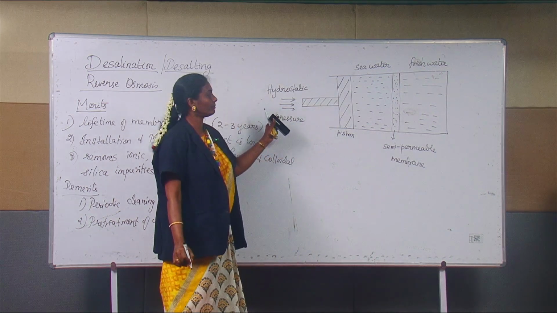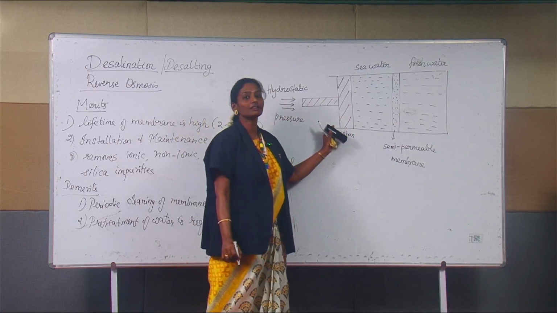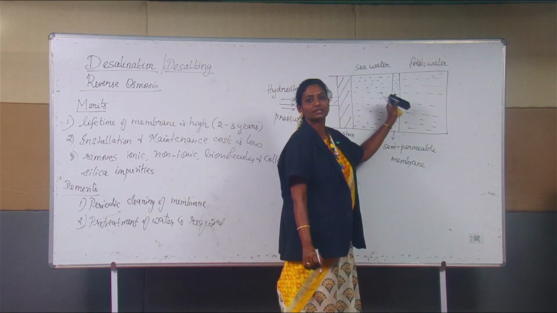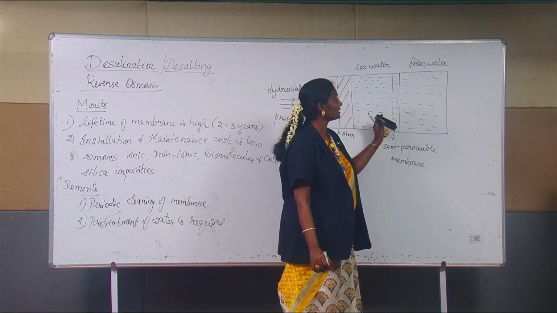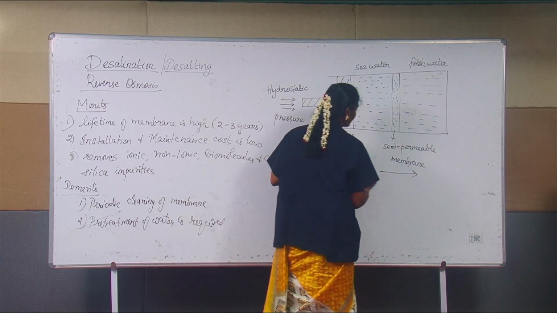When hydrostatic pressure greater than the osmotic pressure is applied, the water flows from the sea water side to the fresh water side, crossing the semi-permeable membrane. This we call reverse osmosis.